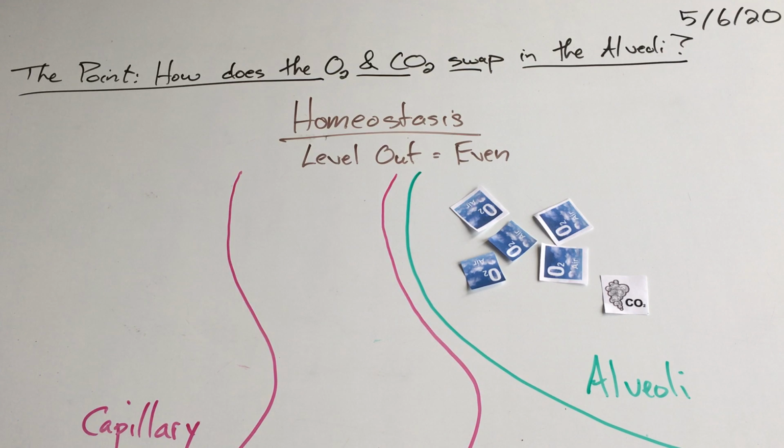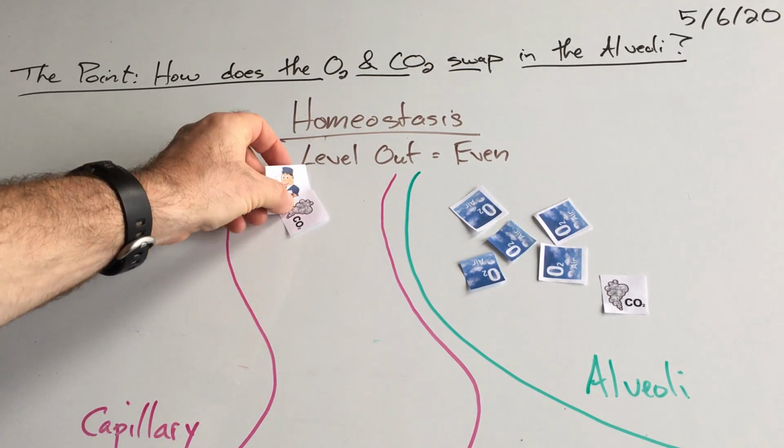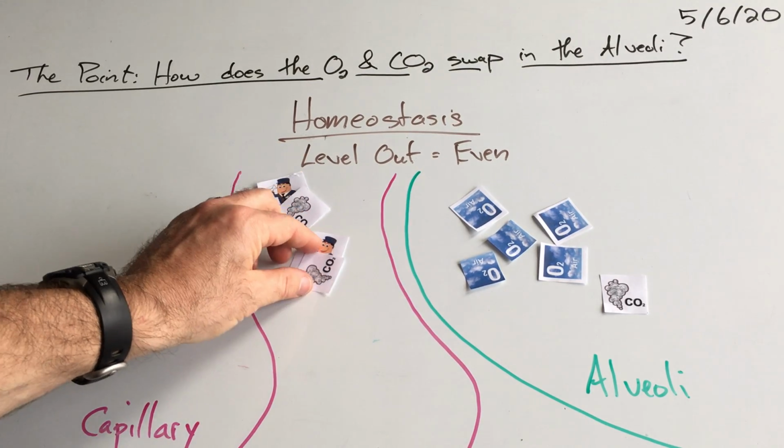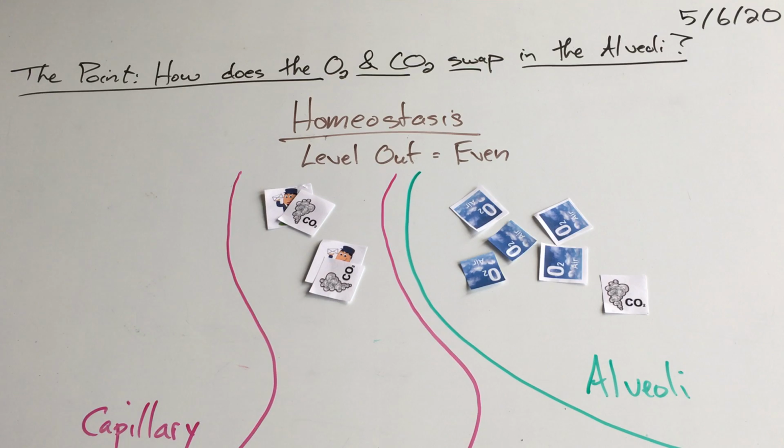Now, when the blood shows up, the blood has the exact opposite effect. The blood has a bunch of carbon dioxide in it. So here's the blood with all of its carbon dioxide. And there are trace amounts of air also.